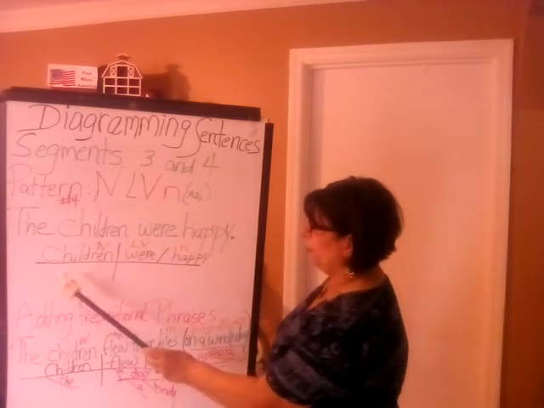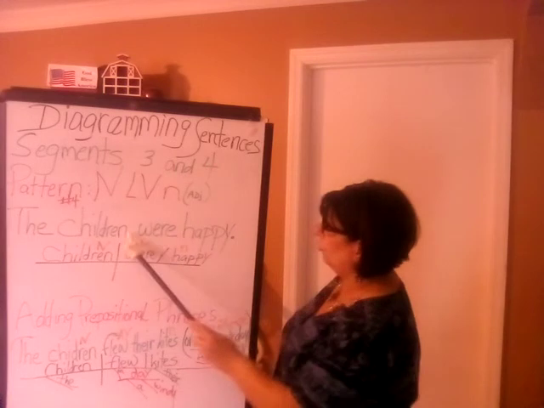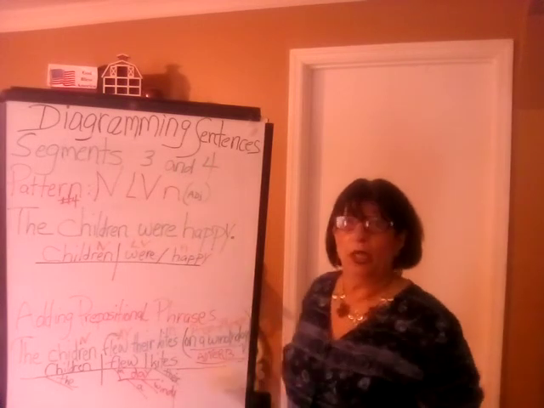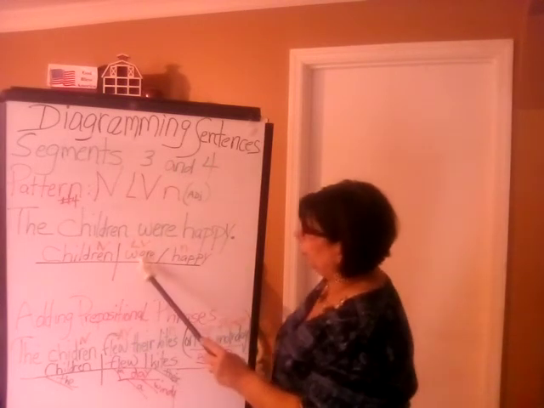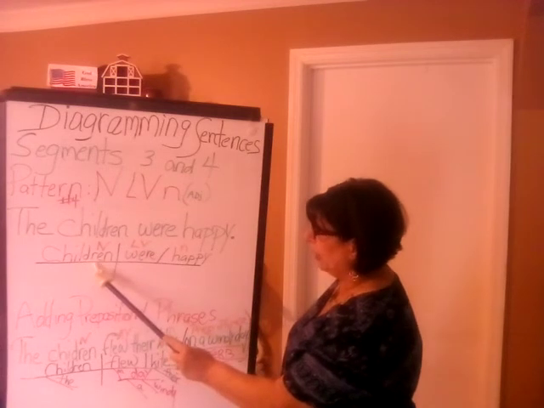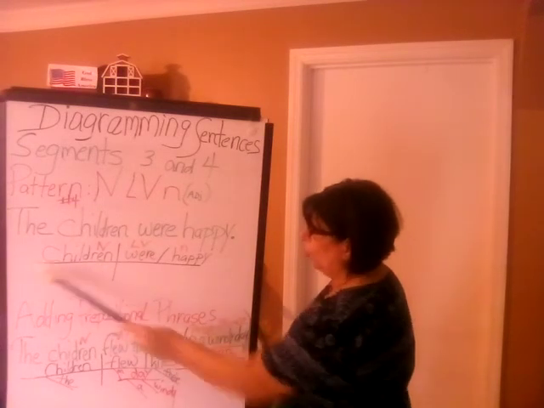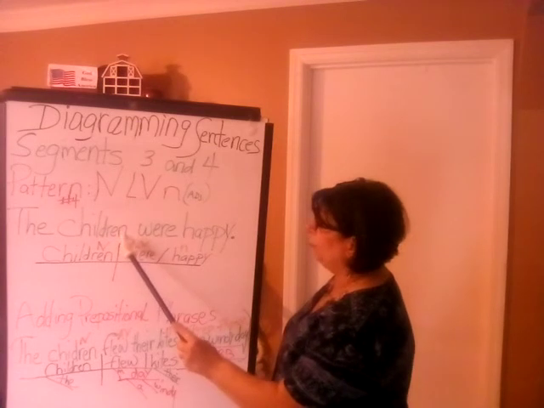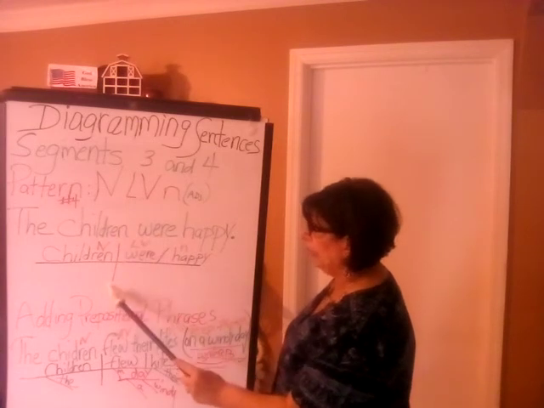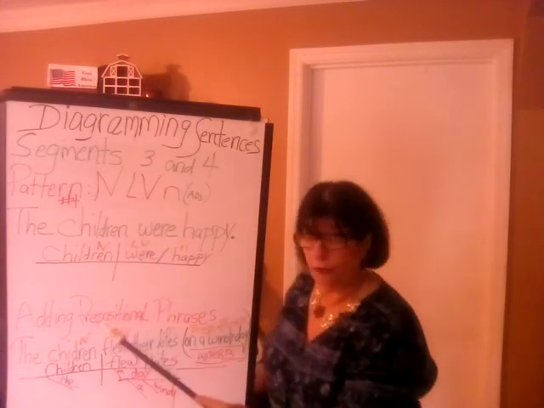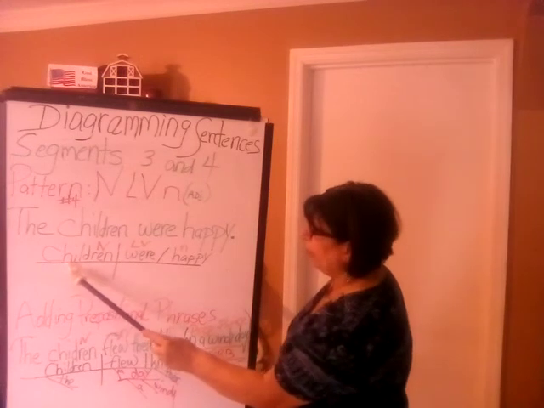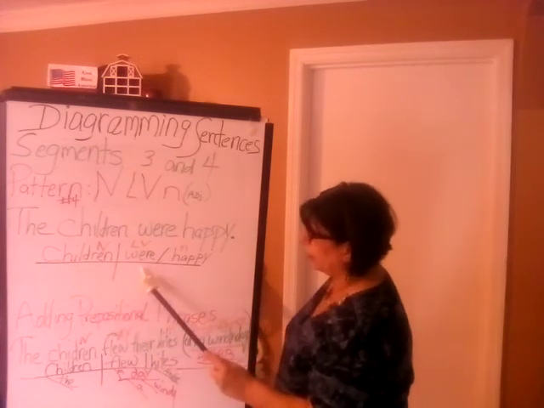Let's start off with simple. The children were happy. Were is a linking verb. Children is your noun. We've got a horizontal line. We've got the perpendicular line intersecting the horizontal line, separating the subject and the predicate.